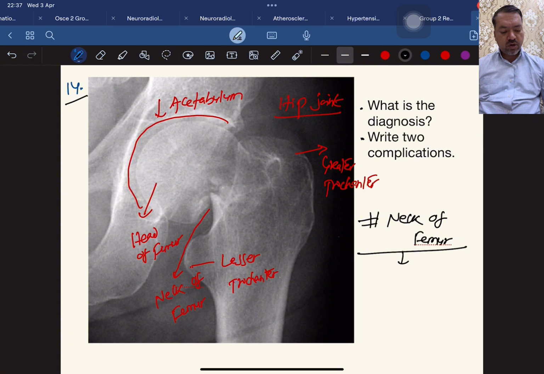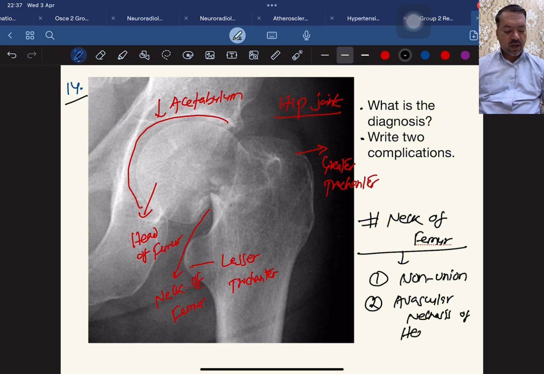One of the most important complications of a fractured neck of the femur is non-union. Another one is called avascular necrosis of the head of the femur. Because of this fracture, the blood supply of the head of the femur may be decreased or lost.